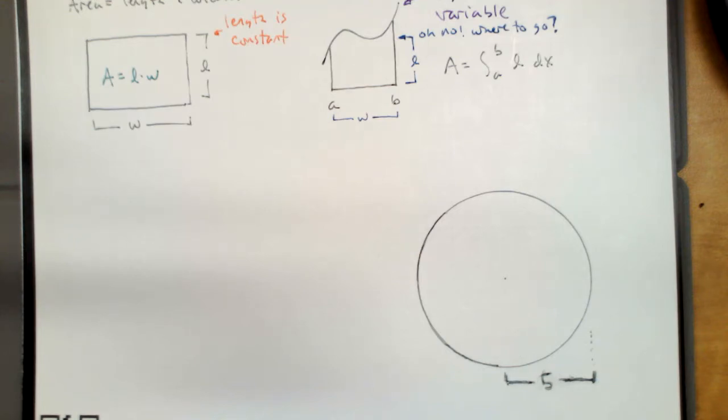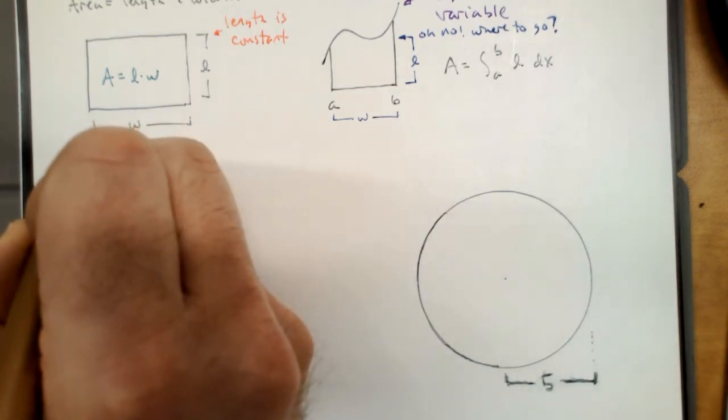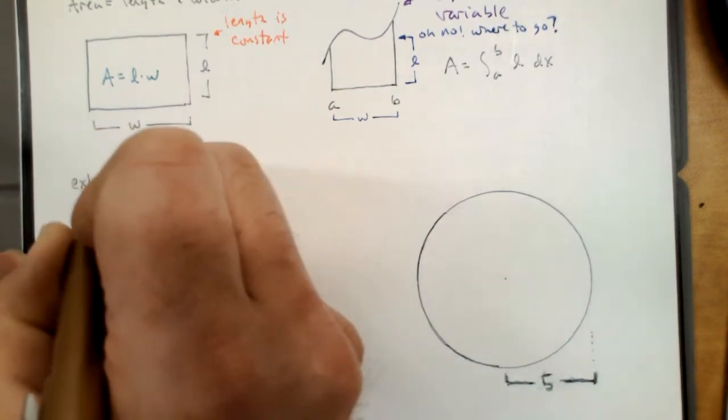We're going to imagine this as an infinite stack of rectangles that are infinitely thin. So what we're going to use for area is length times width. What I'm going to do is draw a typical rectangle. A circle is a stack of rectangles.